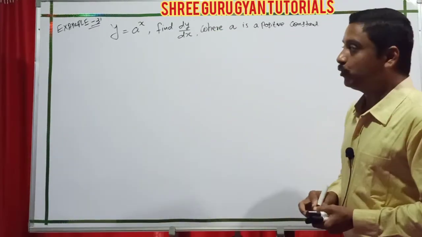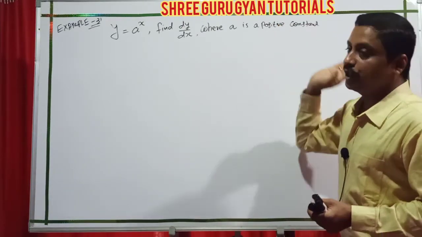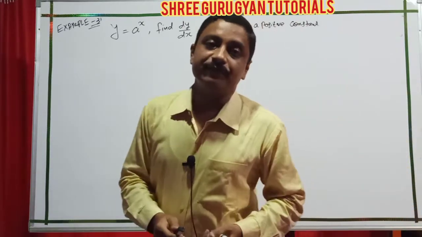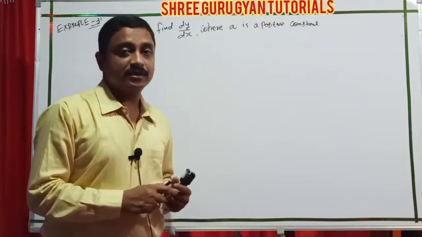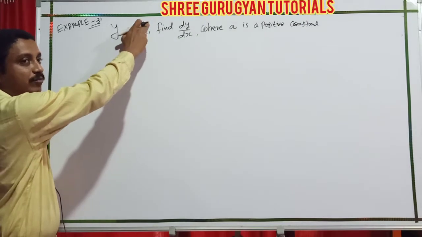Same as, students, I am going to question 31. Y is equal to A raised to x, where A is a positive constant, and we are asked for the derivative dy by dx. So here the base and power are given, a constant and a variable.